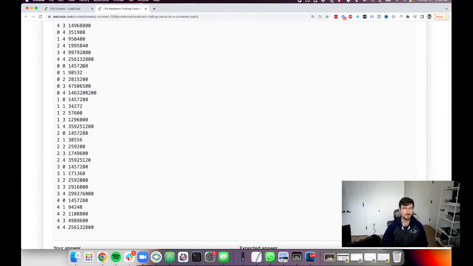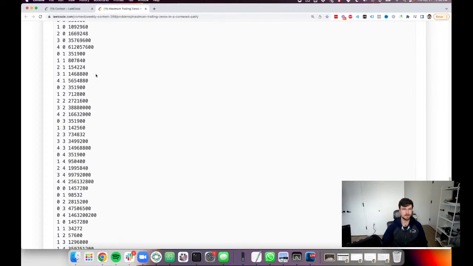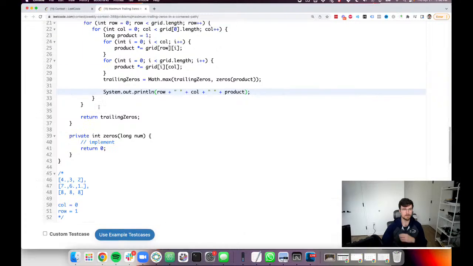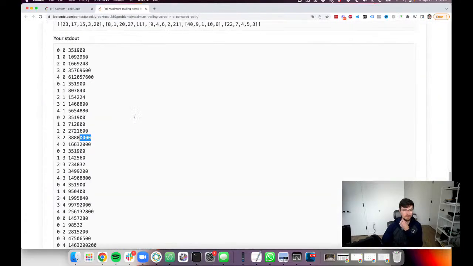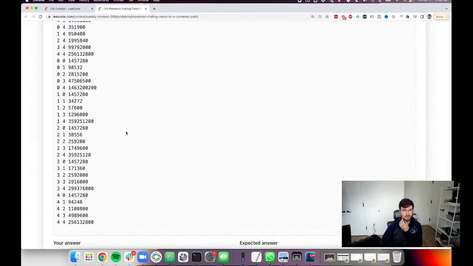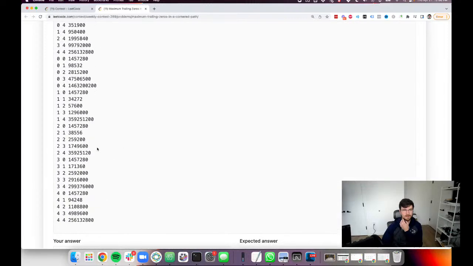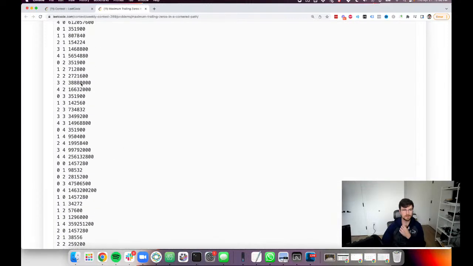Now I can see in all these different variations the trailing zeros. This one has 4 trailing zeros. So what's the actual answer? Okay, it says the answer is 3 though, so maybe I should double check this one.